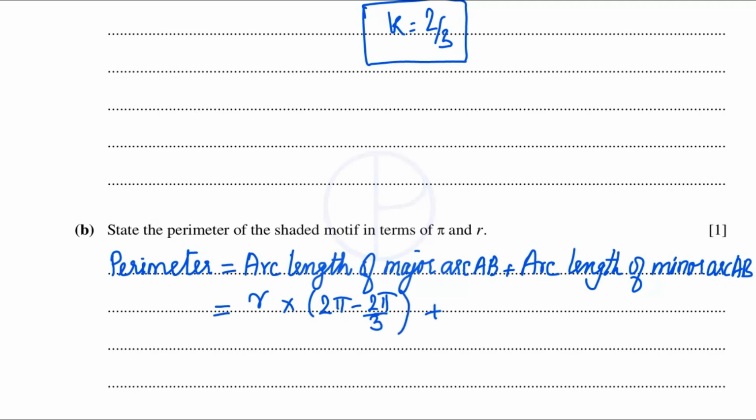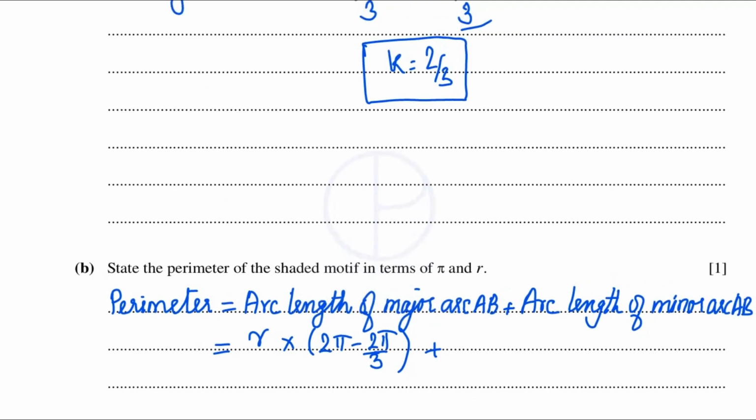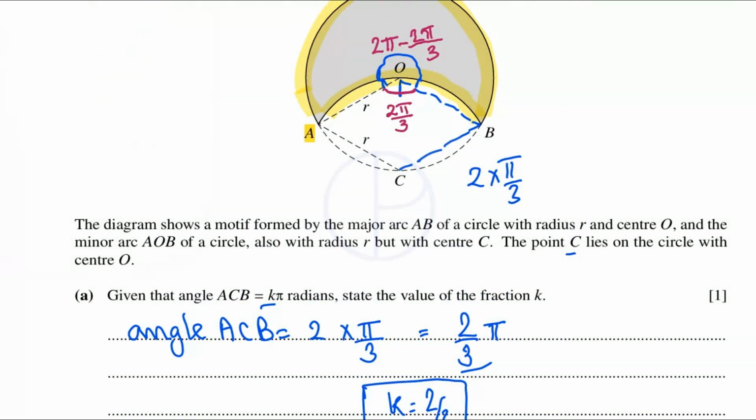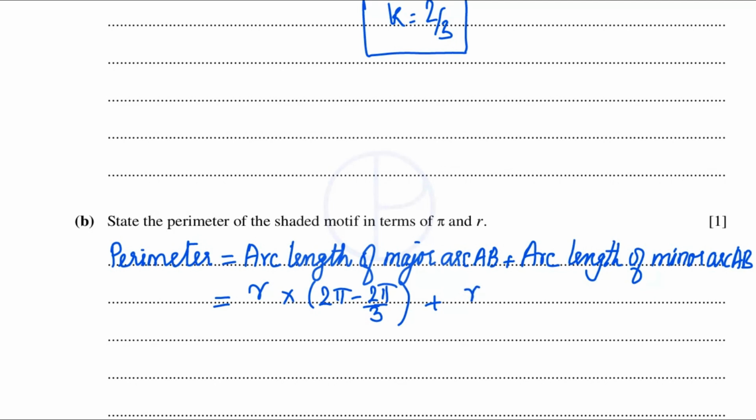And what is the arc length of minor arc AB? The angle at C here is 2 pi over 3. That will be the angle for the minor arc AB. So r multiplied by 2 over 3 multiplied by pi.